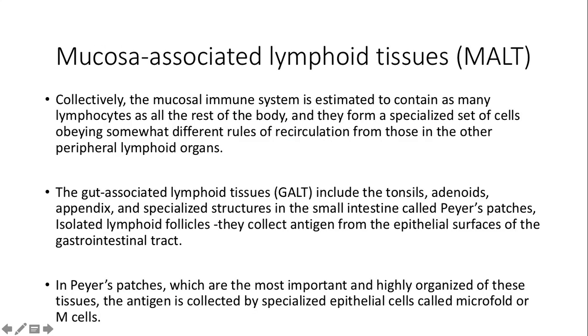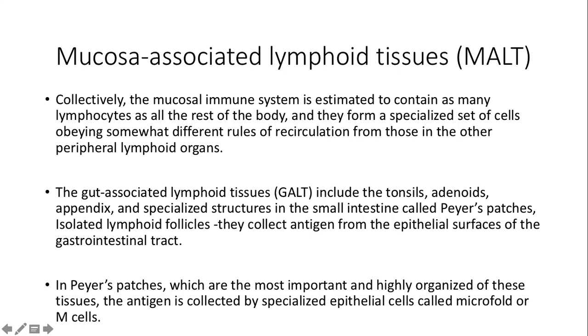So we start with the mucosa-associated lymphoid tissue, and specifically in the GI tract, what we call the gut-associated lymphoid tissue. The gut comprises the Peyer's patches, which are present only in the small intestine, as well as the isolated lymphoid follicles, which are found throughout the intestine.